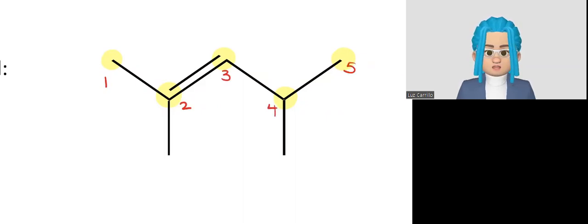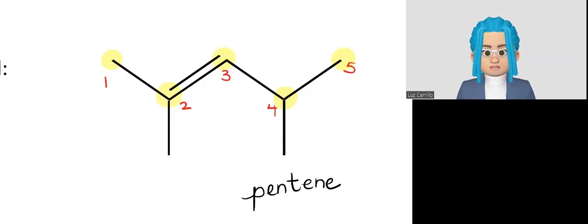Before, we learned that if we had an alkane, we would write the word pentane. But because this is an alkene, pent gives me the number of carbons in my parent chain. Ene tells me that I have at least one carbon-carbon double bond in the molecule. As you can see, the carbon-carbon double bond is between atoms 2 and 3. So I'm just going to put the value of 2 before pentene to illustrate that that is the first carbon in the carbon-carbon double bond.